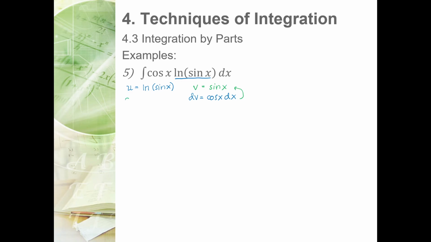Then your derivative for this one. Again, the derivative of an ln function is du all over u. So the derivative of sine x becomes cosine x dx in the numerator all over sine x, du all over u.